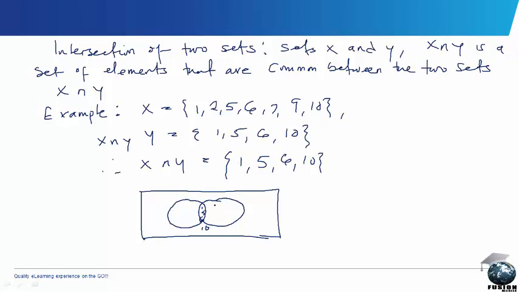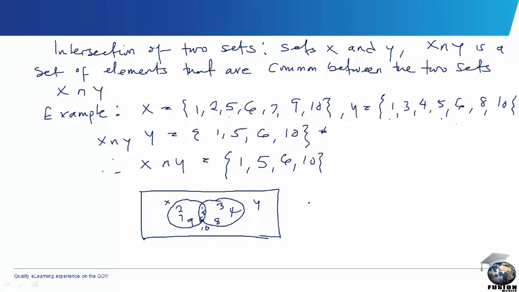You have 3, 4, 8 in Y, and then you have 2, 7, and 9 in X. Here our Y should have been 1, 3, 4, 5, 6, 8, and 10. So you find out that the points of intersection are 1, 5, 6, and 10.